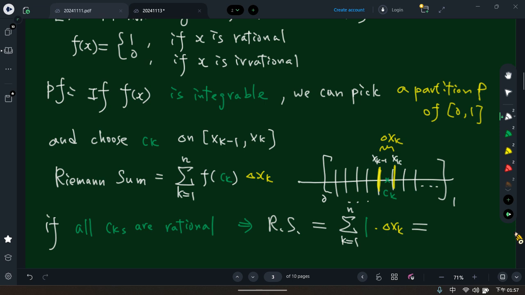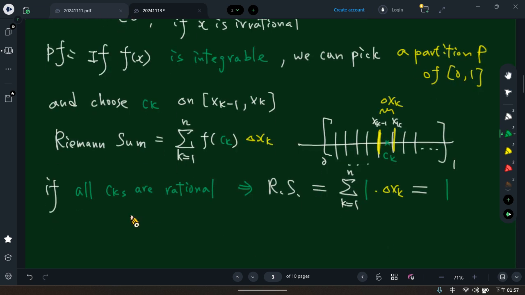For each piece times 1, times 1, times 1. So finally, from 0 to 1, it will be 1, right? Okay, this case is for all ck's are rational.